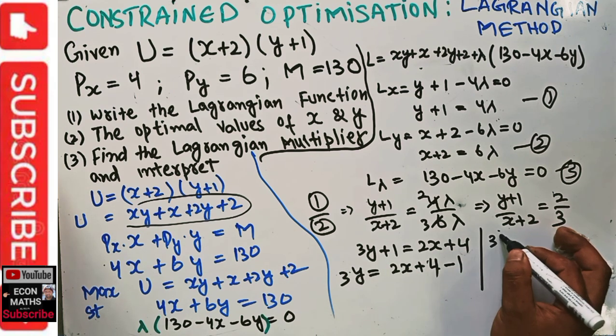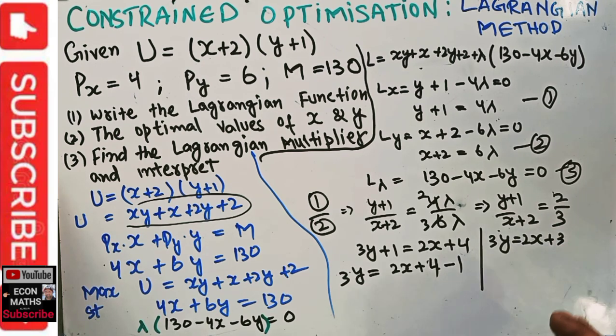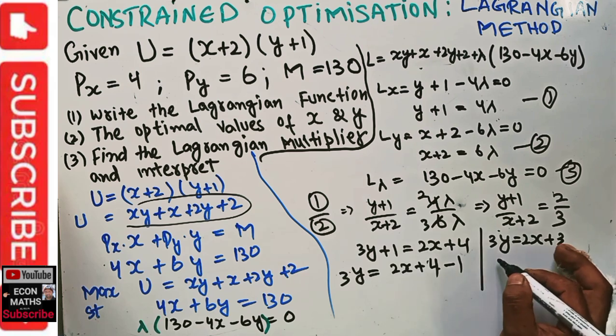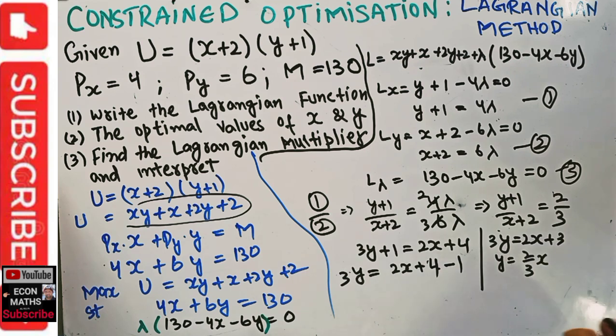That means 3y is equal to 2x plus 3. Let's divide both sides by 3. That gives us y will be equal to 2 upon 3 x. Am I doing it correctly or not?